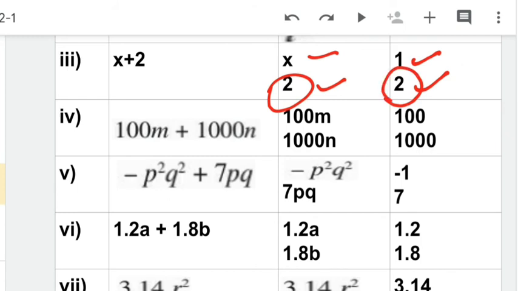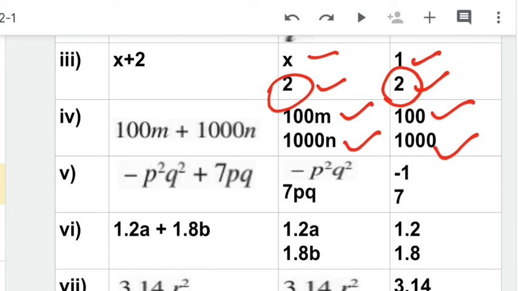Now in the next expression we have 100m and 1000n as terms. The numerical coefficient for 100m is 100 and for 1000n is 1000. Numerical coefficient means we take the constant part or constant factor.